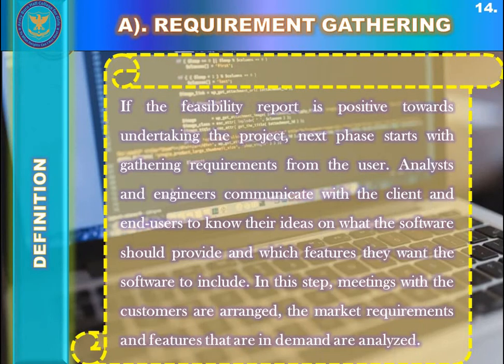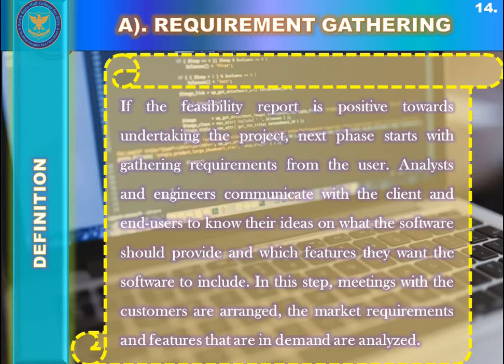The first step of requirement engineering is requirement gathering. What is requirement gathering? If the feasibility report in the feasibility phase is positive towards undertaking the project, if it gives a green signal for the development of the proposed software or system, the next phase starts with gathering requirements from the user.